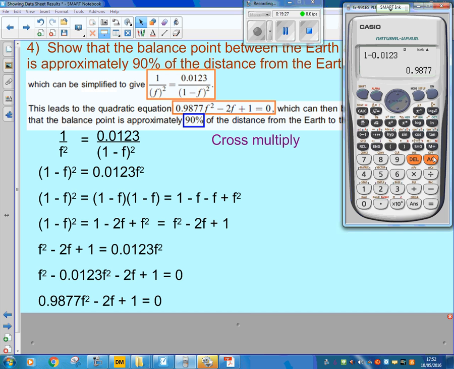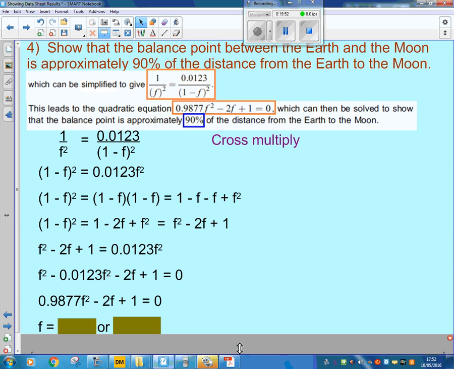Well, we know how to solve a quadratic. All we need to do is go mode 5, the third one for quadratic. The f squared coefficient is 0.9877 equals, then the f coefficient is minus 2, and then the last one is 1 equals, and we'll get two solutions.